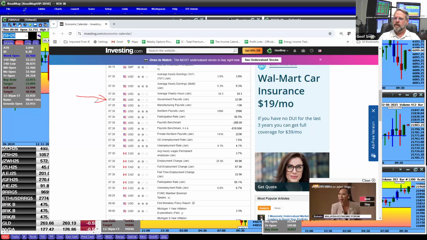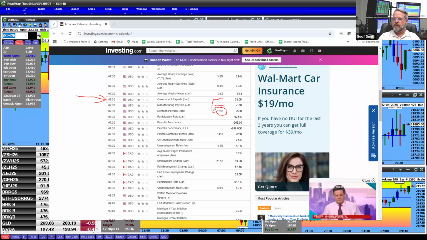This is government payrolls, and this all goes into non-farm payroll. So this number is going to be the manufacturing, government, and the non-farm payroll. All of this gets clumped into just what non-farm payrolls is.